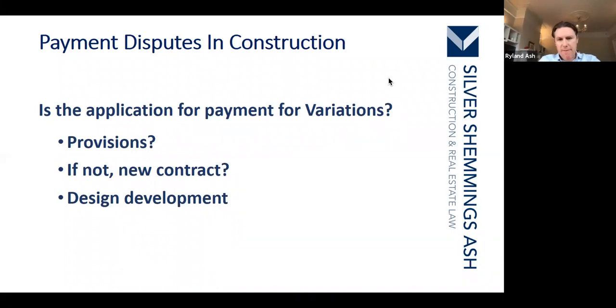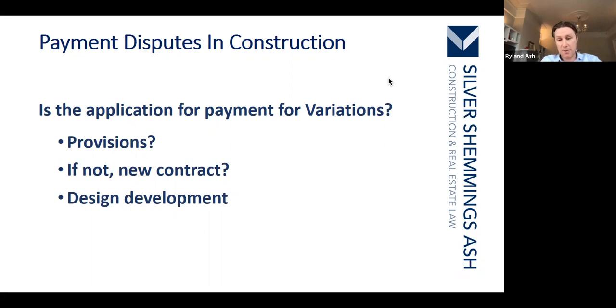Next, I wanted to look at variations. What do the provisions say in your contract about variations? Well, you start with, are there any provisions? If there are no provisions for variations, then you can't have variations. The parties can agree to make changes.